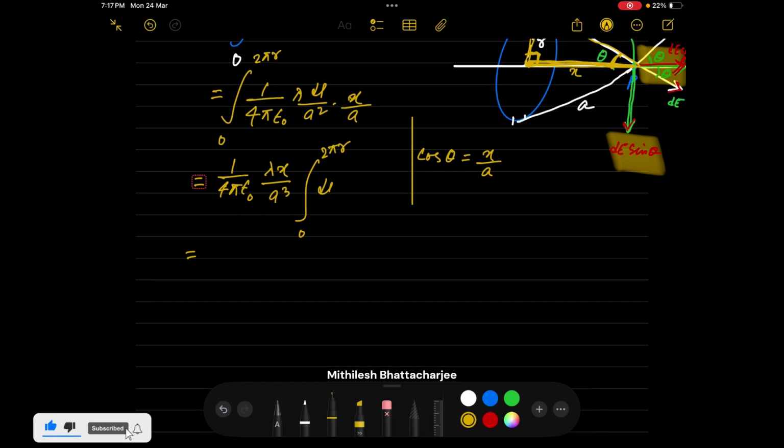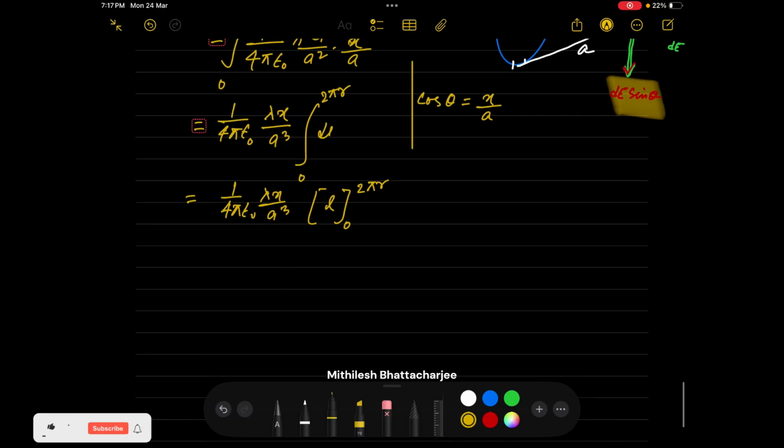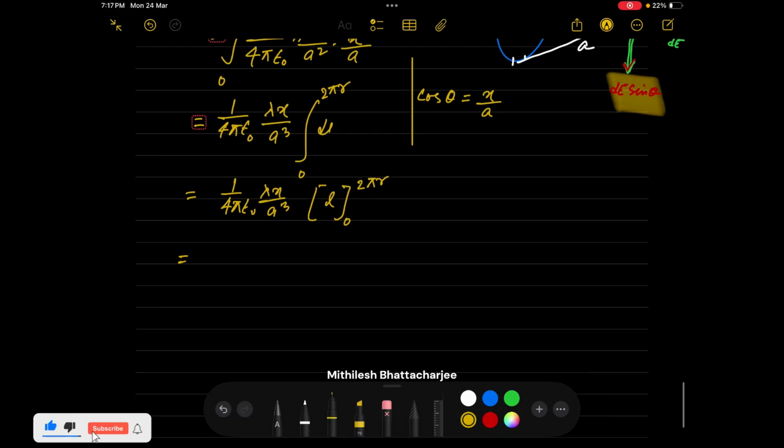Fine. So the integration of dl will be L, and the limit is 0 to 2 pi r. Now 1 by 4 pi epsilon naught lambda x by a cube into, now just put the limit, 2 pi r minus 0.